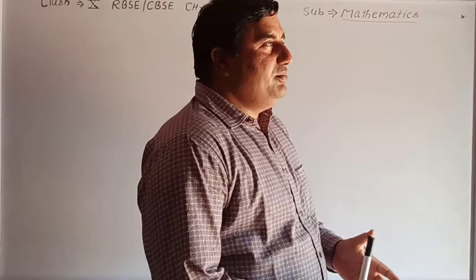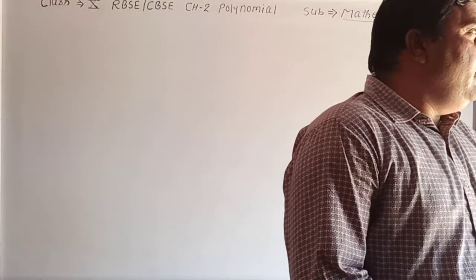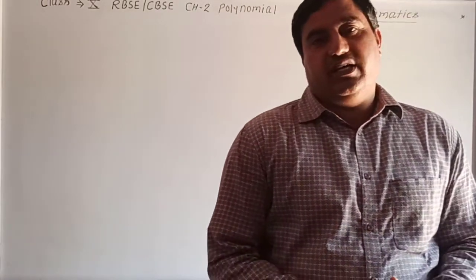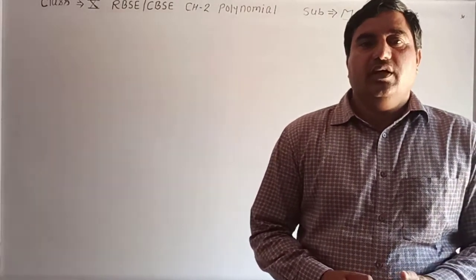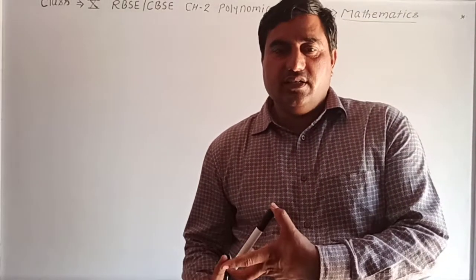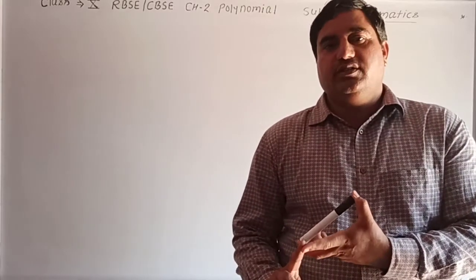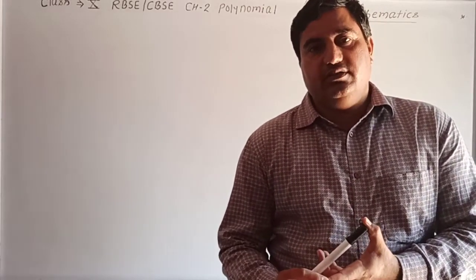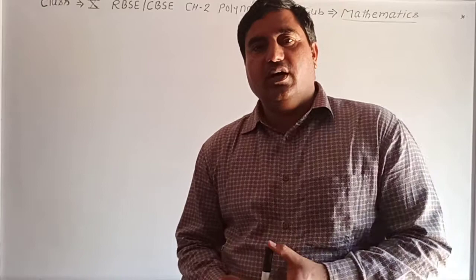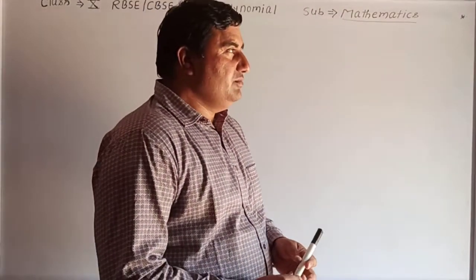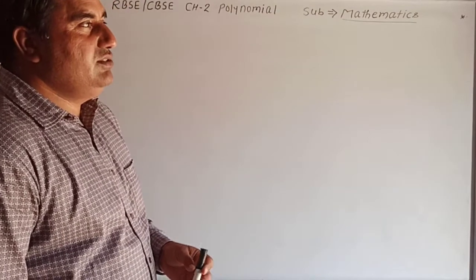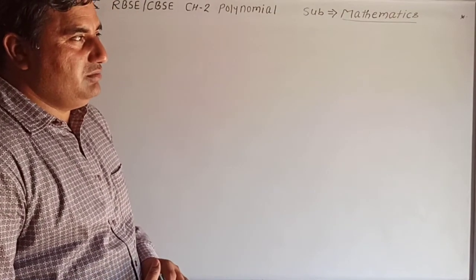The x-coordinate of the point where the graph of the polynomial intersects the x-axis is called a zero of the polynomial. And the factor method also finds the zeros of the polynomial.